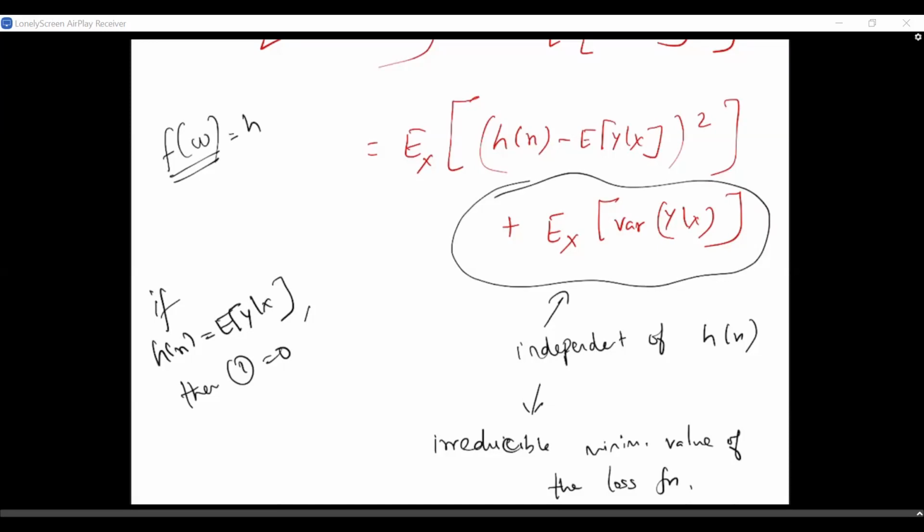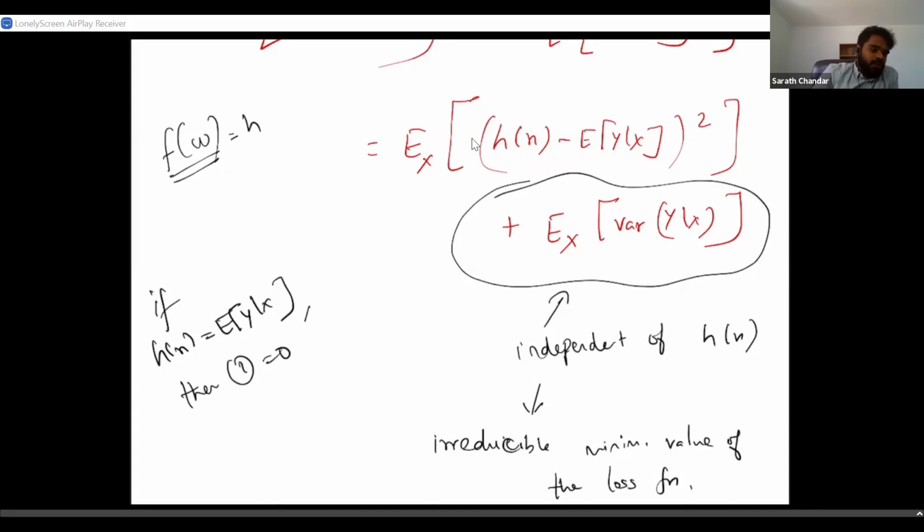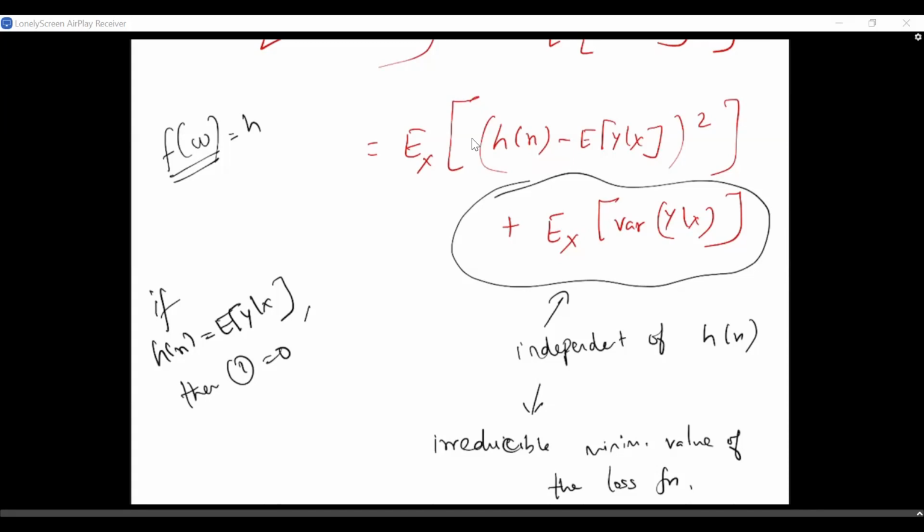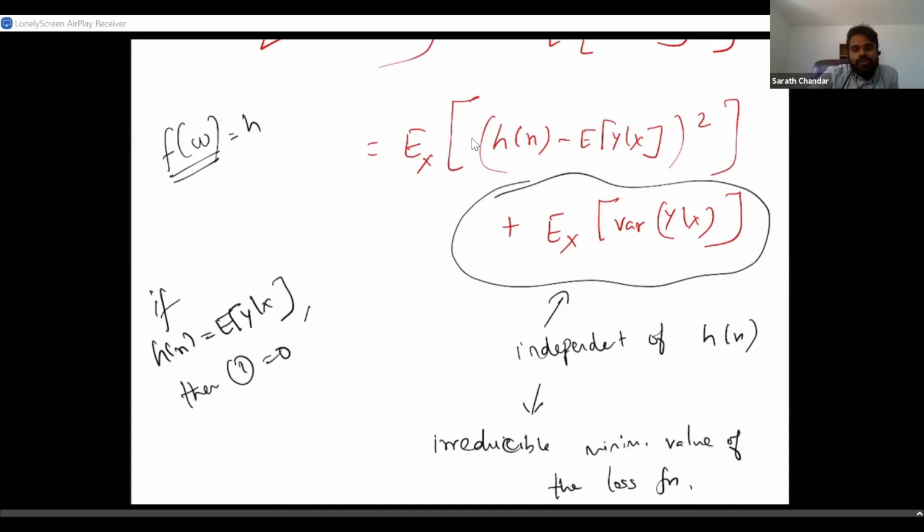I still don't understand, why do we have an irreducible minimum? Where does this value come from? What do you mean by the noise of the data? Okay, if your data distribution itself is stochastic, then you're trying to model a probability distribution, and that distribution has its own variance.